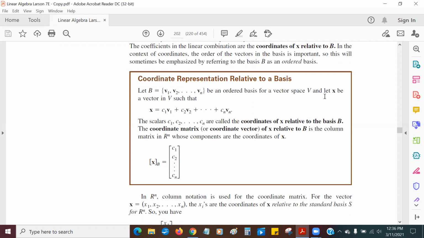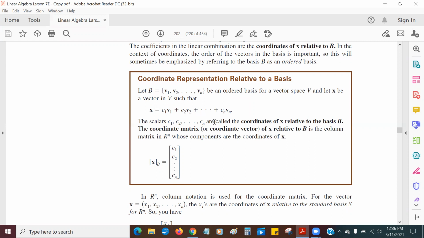Anyway, x is some random vector, and x equals c1 v1 plus c2 v2, dot dot dot, up to cn vn. And I know that any vector x can be expressed this way because b is a basis.